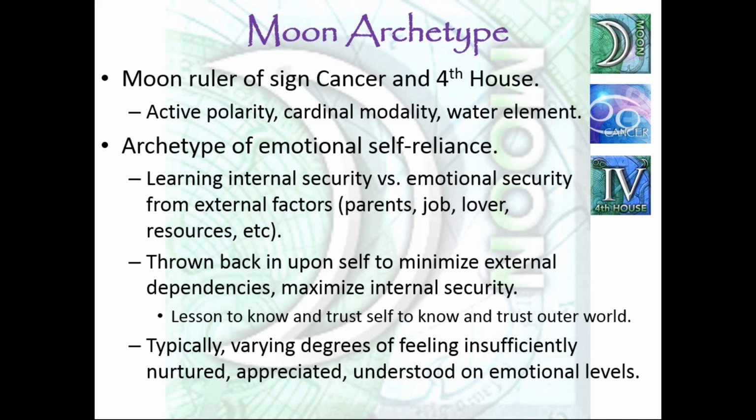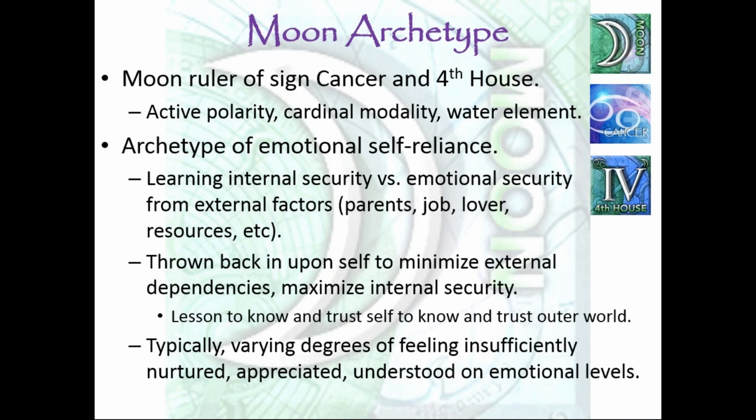And it is the element of water, which is the emotions. So when we start looking at the basic archetypes of the moon, one of the first ones to understand is this is the archetype of emotional self-reliance. It is the first sign in the first house of the circle of 12 that is the element of water.